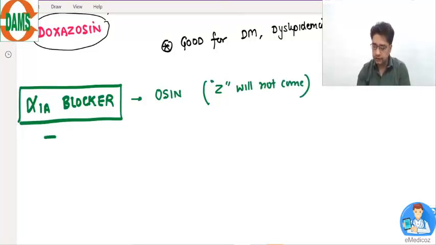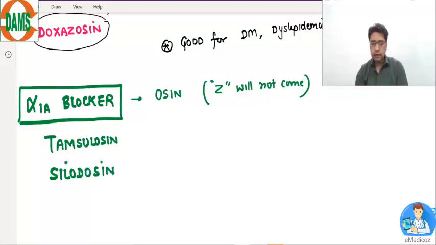So the drugs are tamsulosin and silodosin. Tamsulosin, silodosin. So Z will not come here.